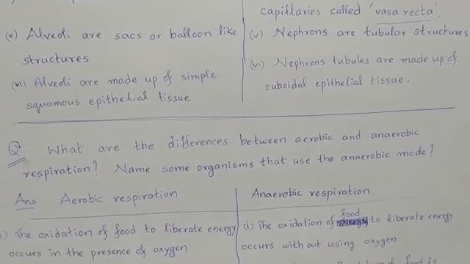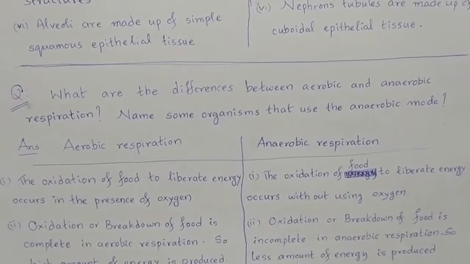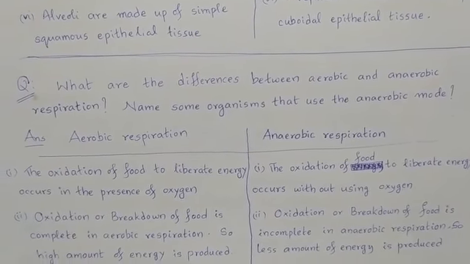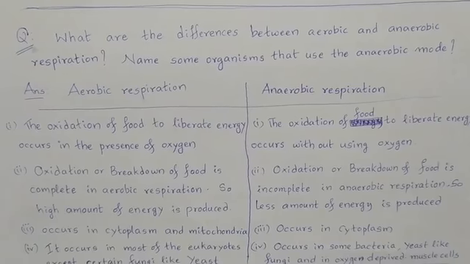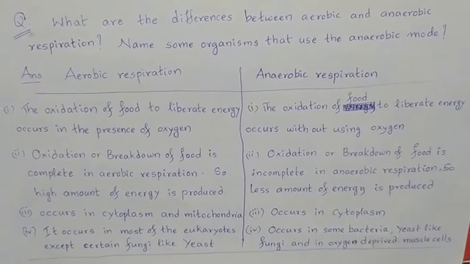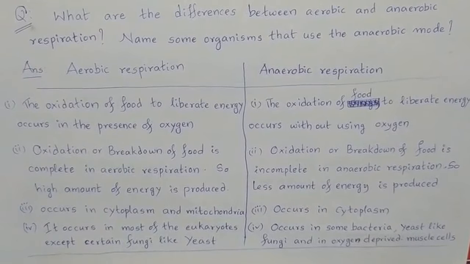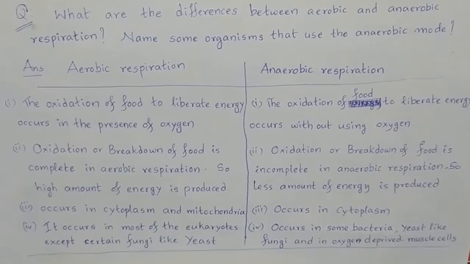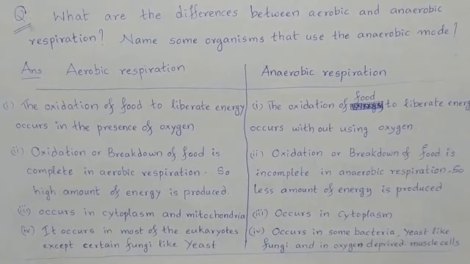Next, what are the differences between aerobic and anaerobic respiration? Name some organisms that use the anaerobic mode. Any respiration is oxidation or breakdown of food to release energy at the cellular level, right?